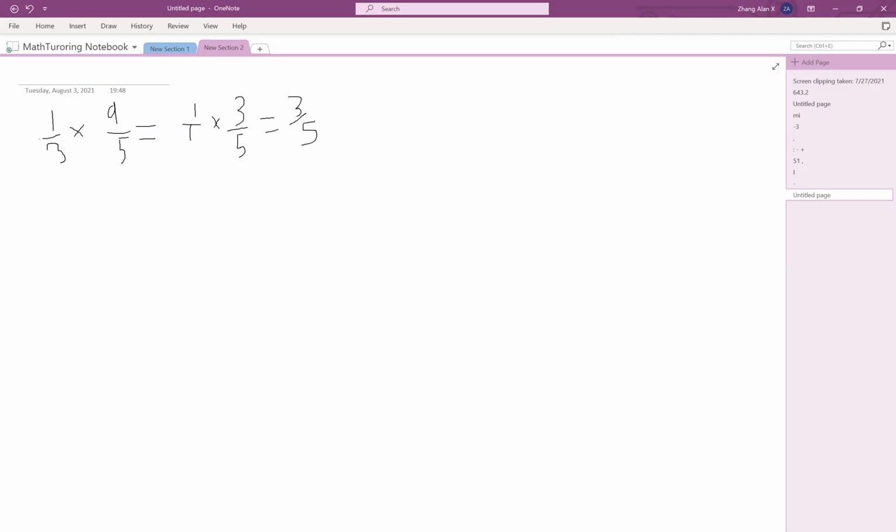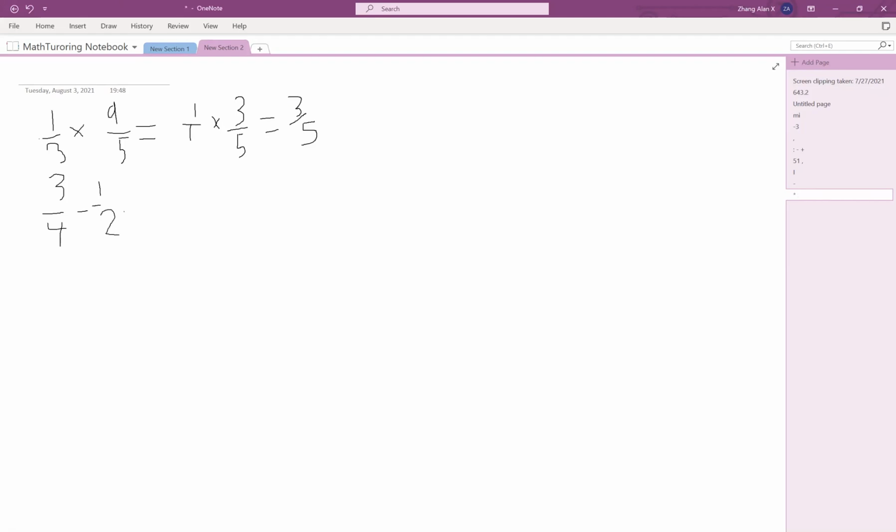Okay. Now let's talk subtraction. Subtraction is really similar, pretty much the same as addition, except this time you're subtracting. So let's say 3/4 minus 1/2.